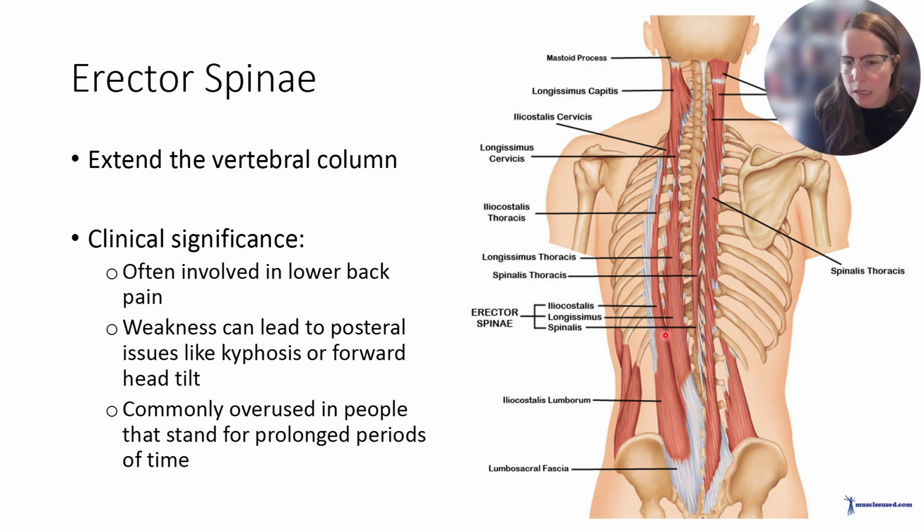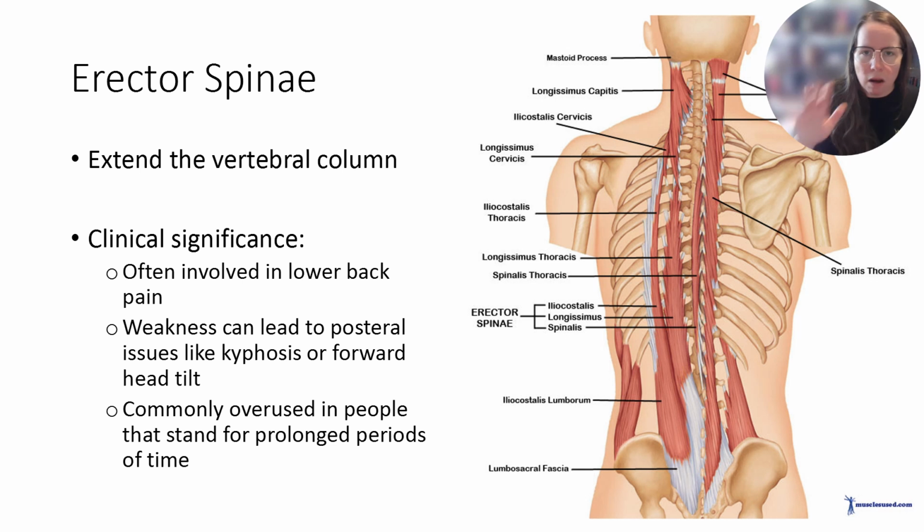And you can see it's this group of 3 muscles. We've got the big back one right here with the iliocostalis. We have the longissimus and the spinalis. And you'll see that they run up through the entire spine up until about the cervical spine. Why do we care? These are typically muscles that are involved in lower back pain. And if they are weak, if you notice, they're going to be connecting to this thoracic vertebrae.